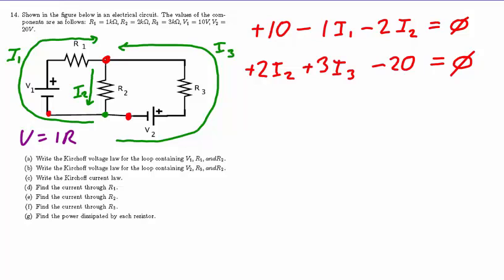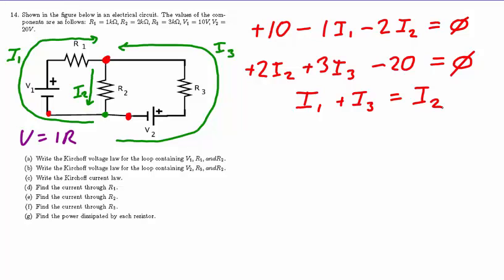The junction equation says that the sum of the currents headed into any junction, in this case current I1 and I3 are headed into the junction, is equal to the sum of all currents leaving that junction. I2 is the current that leaves the junction, and this leads us to the third of our three equations in three unknowns. Having now formulated three equations in three unknowns, the only thing that lies between us and the final answer is a little bit of algebra.